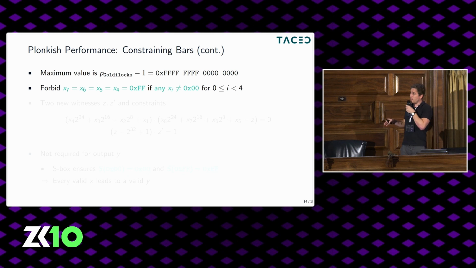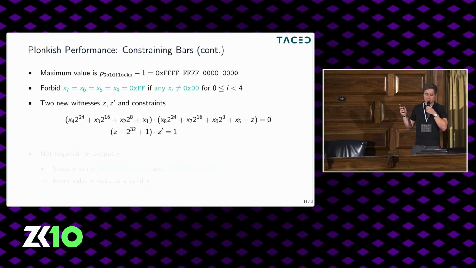For this Goldilocks prime field, we can do this very cheaply, since this prime field has a very nice structure. You can see here in this hex representation of the maximum value in this prime field, it's a lot of ones in the upper limbs and a lot of zeros in the lower limbs. Whenever we have non-zeros in the lower limbs, we do not allow all 0xFF in the upper limbs, because then the decomposition would represent something that is not part of the field and would allow us to cheat.